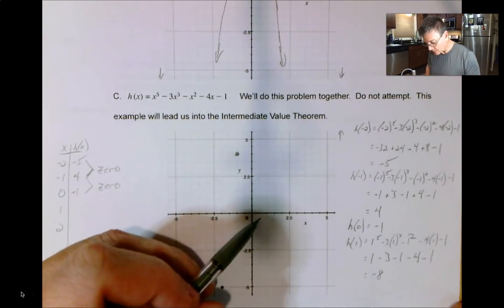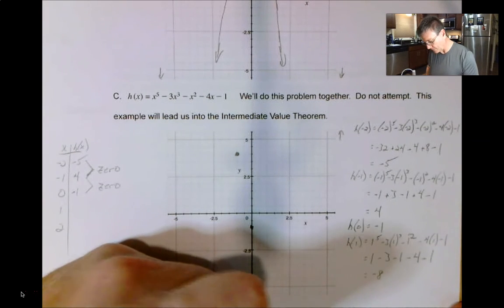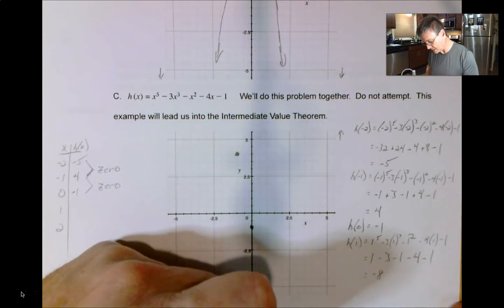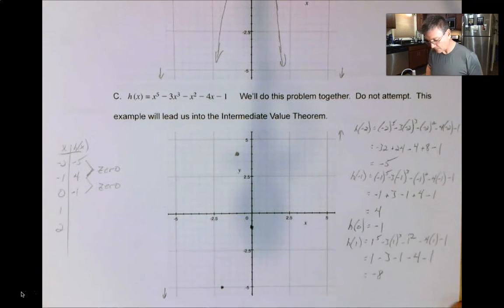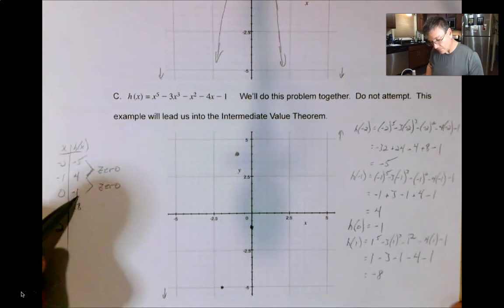So, I'm not sure, do I have a negative? I don't have a negative 8 on here. It's somewhere down here. 5, 5.5, somewhere down here. Okay. What's important, there isn't a 0.